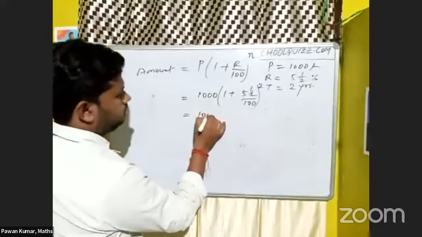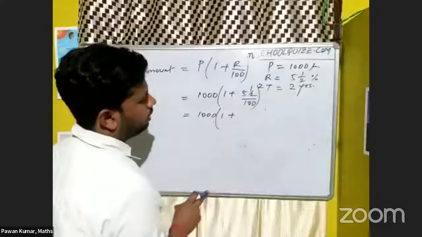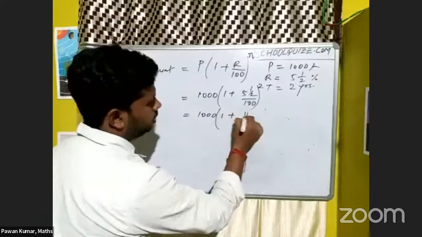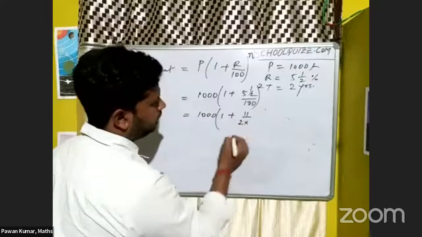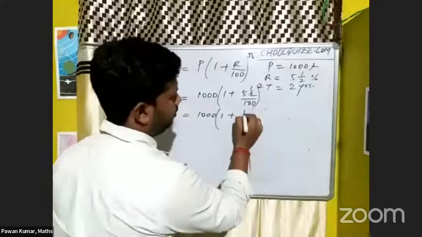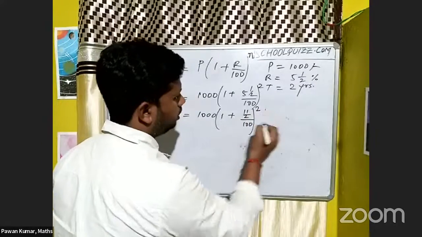So 1000. Arrange it here. 5 by 2 plus 1: 2 fives are 10 plus 1, 11 by 2. So 11 by 2 by 100 is there, by 2. So can I do this?